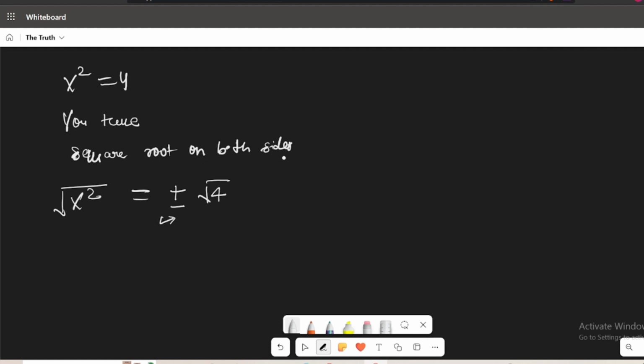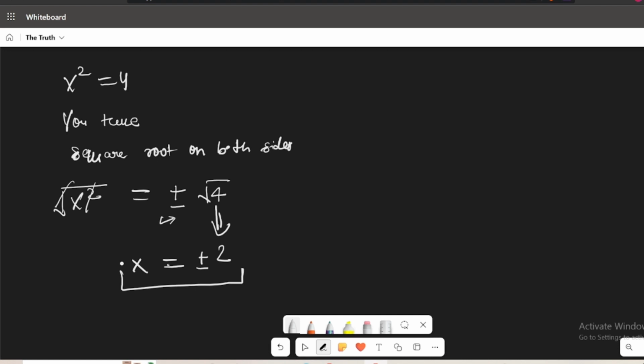When you are taking a square root on both sides, you must always keep in mind that you must place this plus minus, because by this we can justify it, right? Because under root of 4 is +2, and from over here we get x = ±2, right? We can now explain, there is no flaw in this.